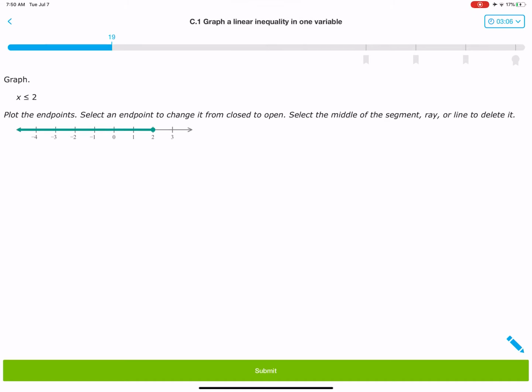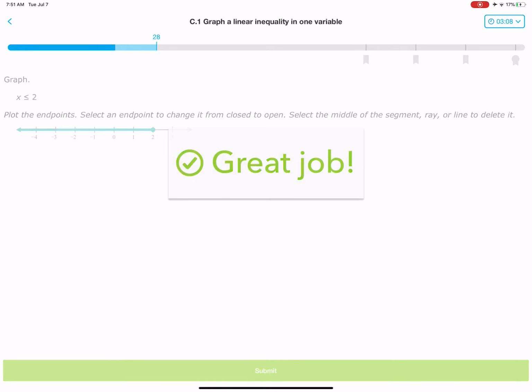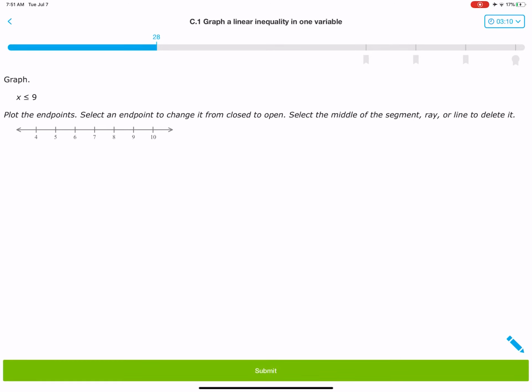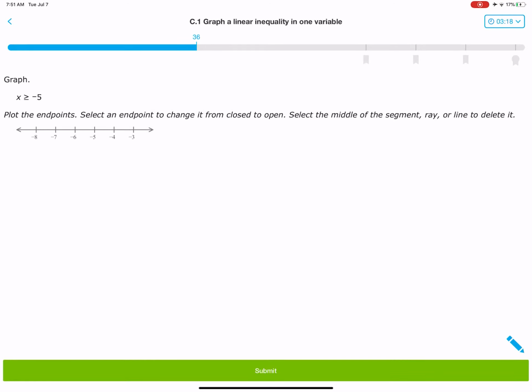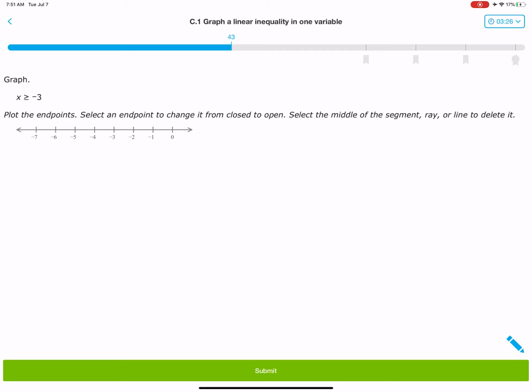It's gonna go that way. X is less than or equal to 9. Okay, I'm just trying to get to the harder problems. X is greater than or equal to -5. And x is greater than or equal to -3.